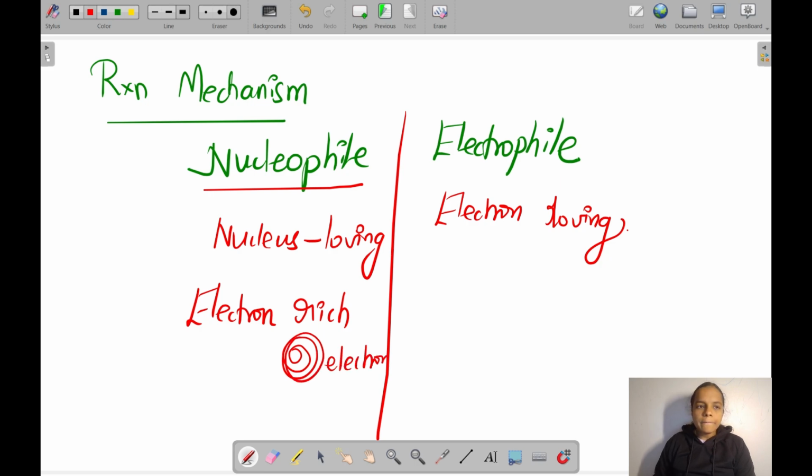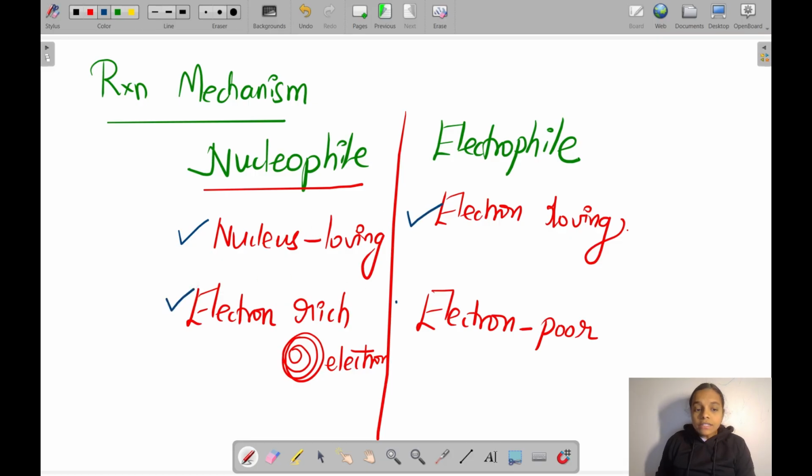And in case of this electrophile, it just loves electrons, meaning that it is poor in electron capacity. So this is electron poor. So this is the first point. It is nucleus loving, it is electron loving, and this is electron rich, and this is electron poor.